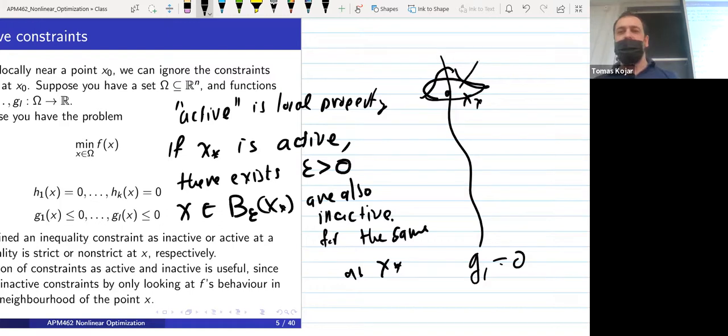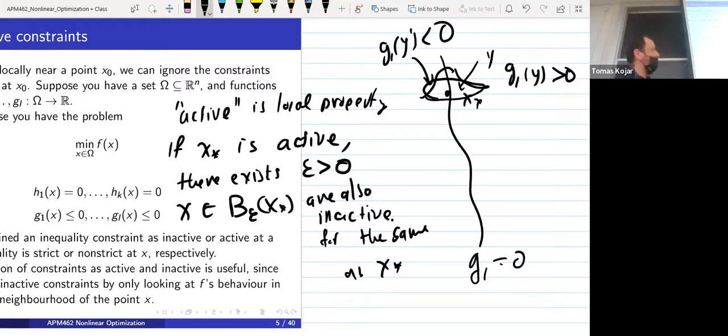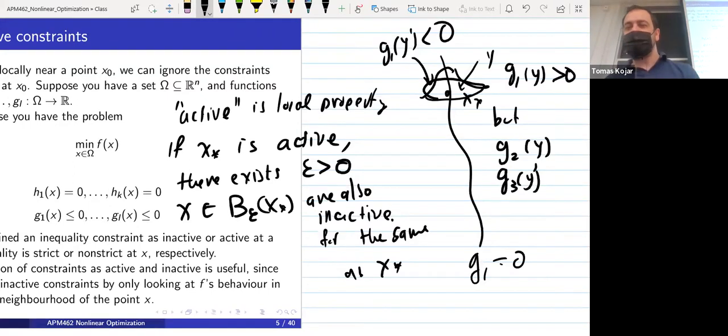Some of them are inactive for G1, right? Like G1 of Y is positive, G1 of Y prime is negative. But locally, they all have the same thing, namely G2 of Y and G3 of Y prime are both negative.